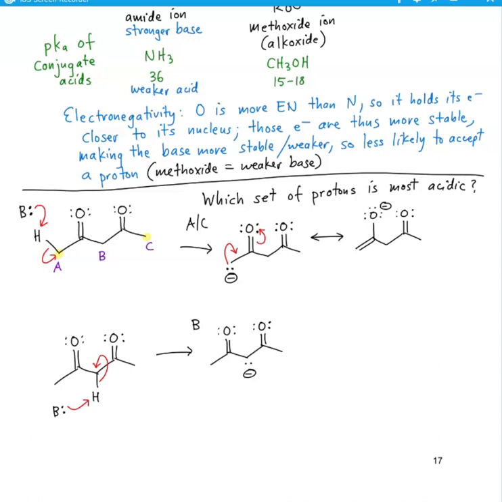So it's being shared. There's also an inductive effect that's going on here. So there's a dipole between the carbon and the oxygen that's setting up partial positive charge on the carbonyl. So this is stabilized kind of like a carboxylate in the same way through a combination of resonance and inductive effects.